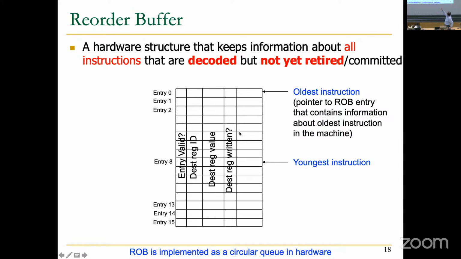The top of the reorder buffer points to the oldest instruction in the machine, and we also have the youngest instruction. The ROB is usually implemented as a circular queue in hardware, where you enqueue and dequeue entries.